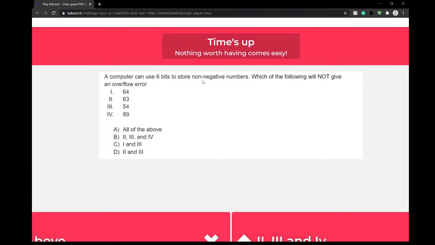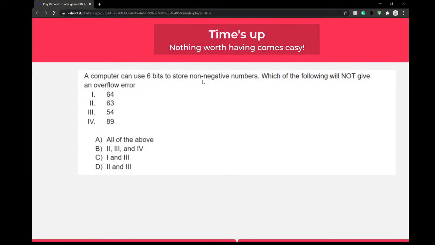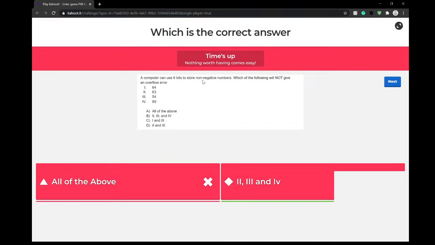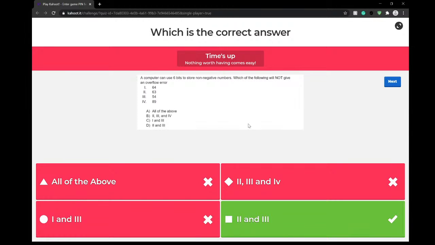It's asking which will not give an overflow error, so that means it has to be below the maximum. If you calculate out the binaries, for 6 digits you count from right to left. For each increment, you multiply by 2. Starting from the right, the first box would be 1, then 2, 4, 8, 16, 32.